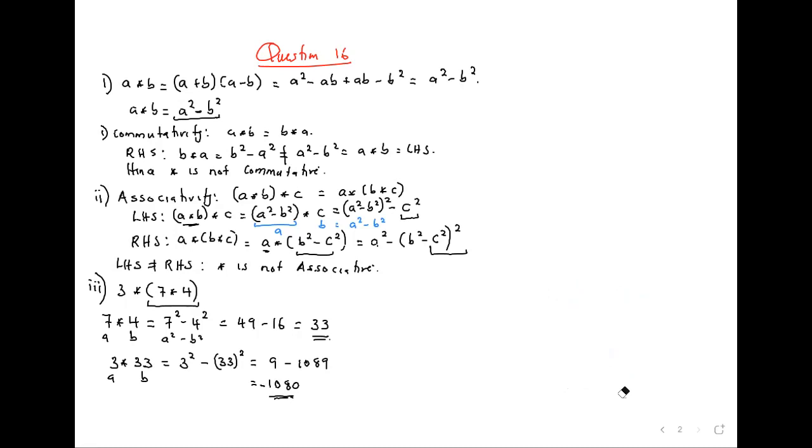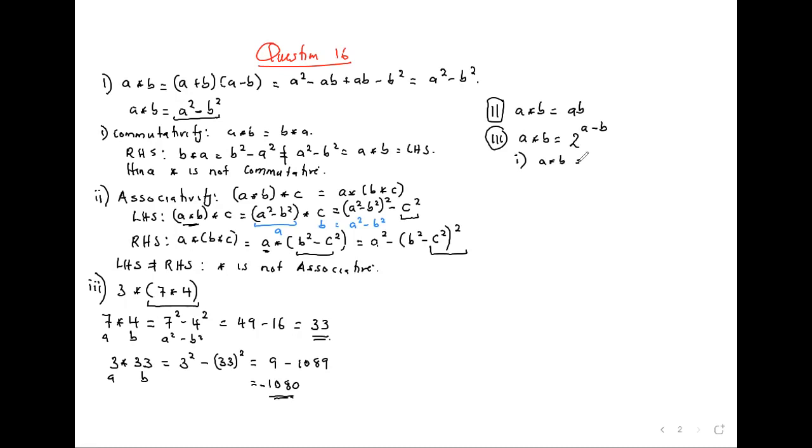Okay, next, the second one, A star B is equal to AB. This one we have done such a similar question. So go to the third one. A star B is equal to 2A minus B. Is it commutative?